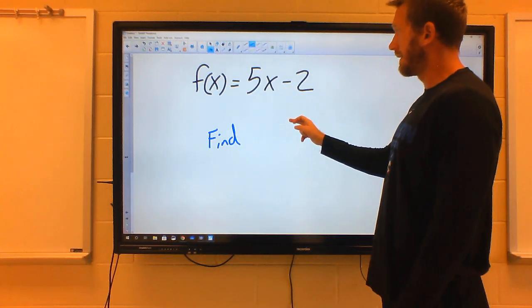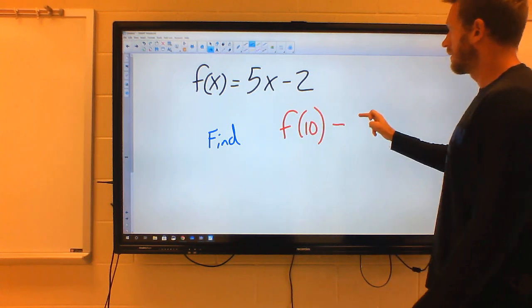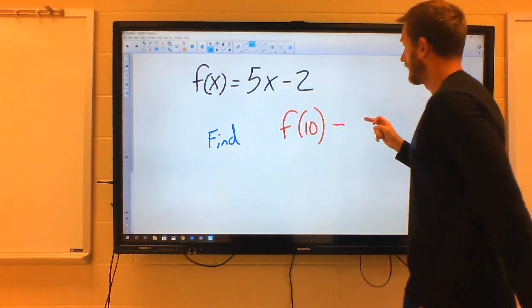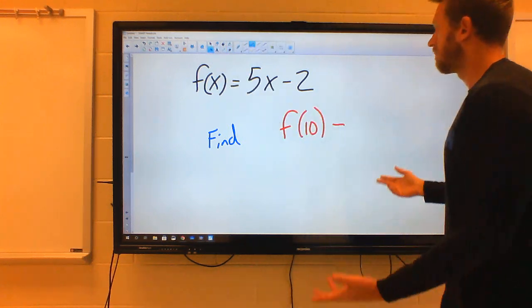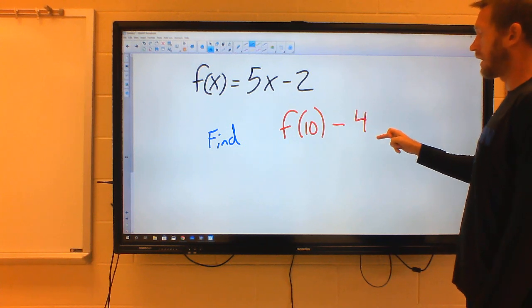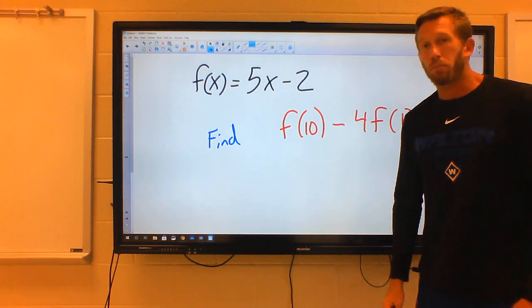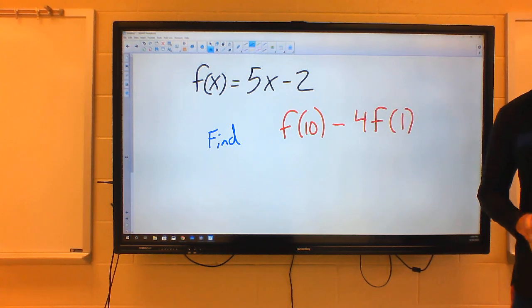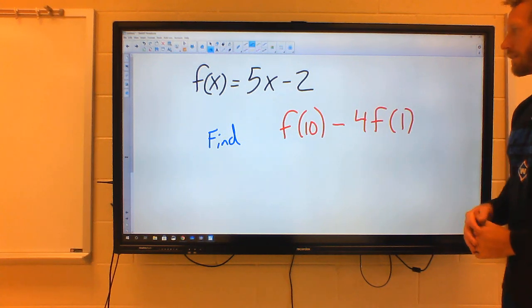Let's try f of 10 minus 4 times f of 1. Okay? Go ahead and press pause and try to solve that. Not solve it, but evaluate that.